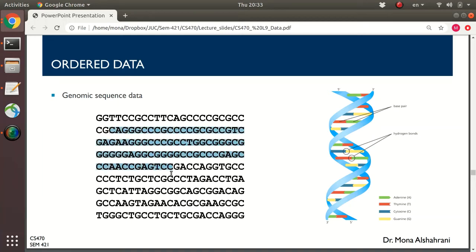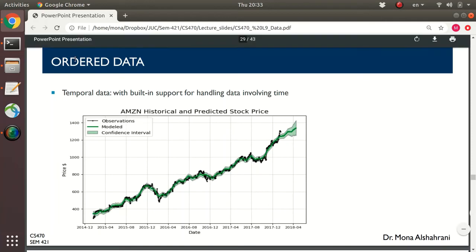So studying these types of ordered data gives more insight about how to treat these diseases, and how to develop the drugs that can help treat these diseases.